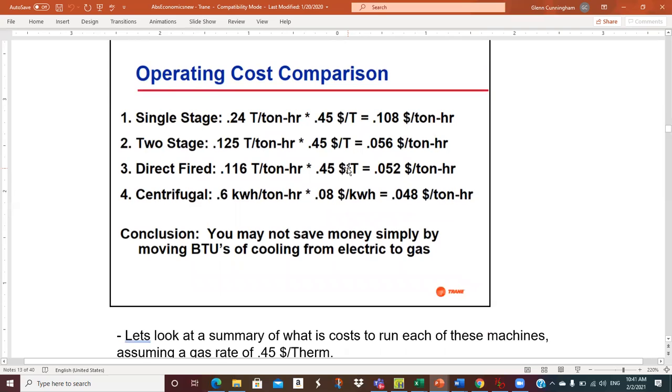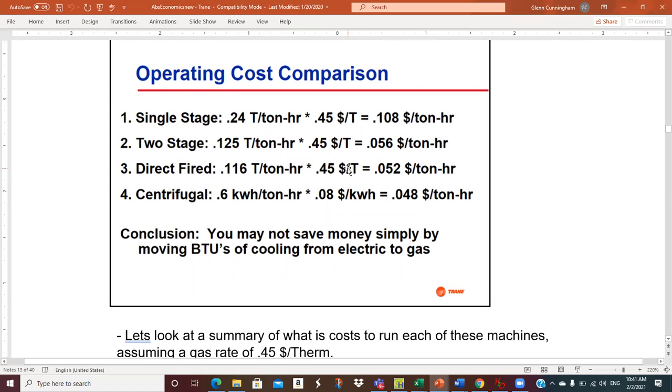And don't forget, there's 10 therms to a million, so this gas price is $4.50 a million BTUs, which is a pretty good gas price for today. I was noticing, I had some financial show up in the office, and I think natural gas is selling someplace around $2.85 a million in the fields.